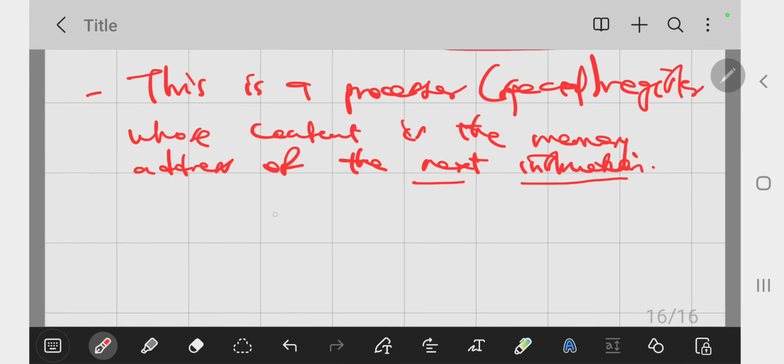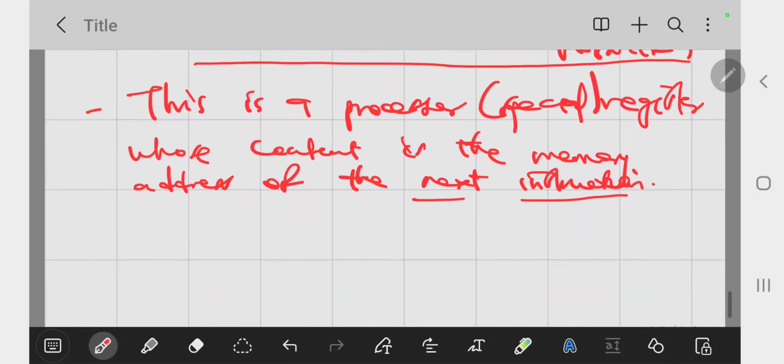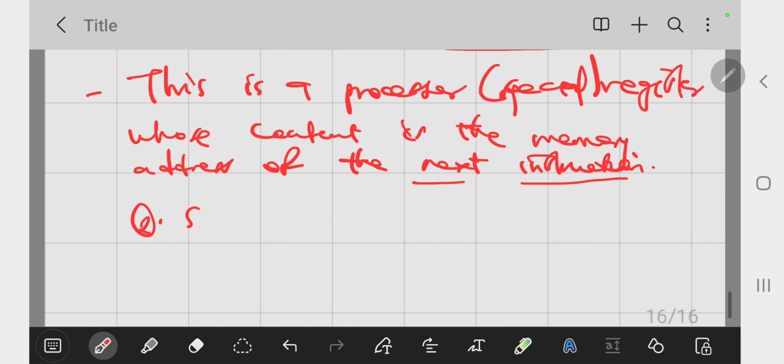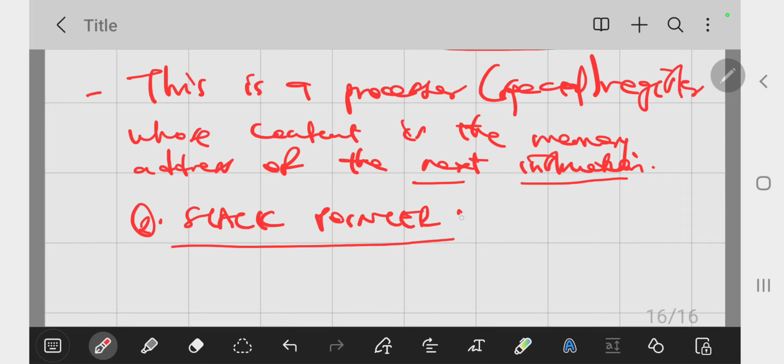Now moving on, we need to also know what we mean by stack pointer. Because we're introducing the word stack to most of you for the first time, it is important for us to understand what this word means.